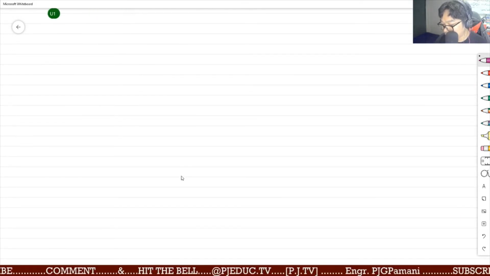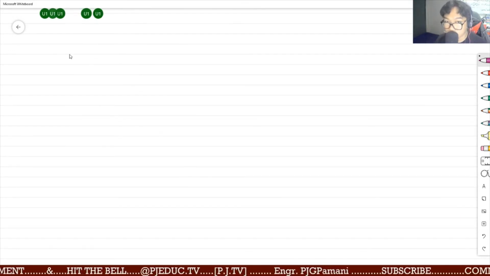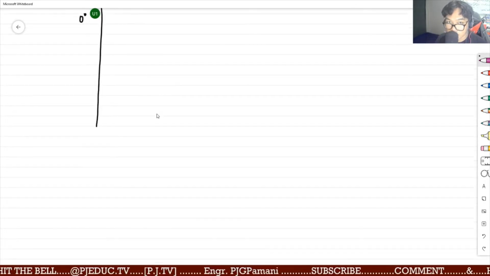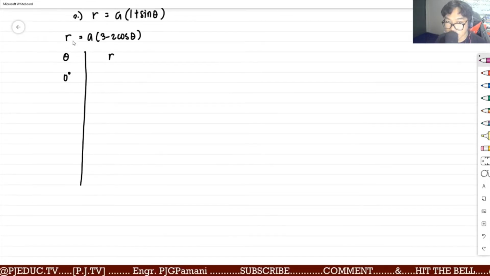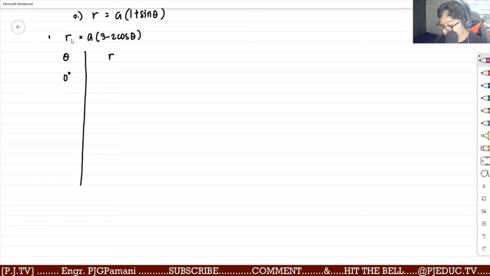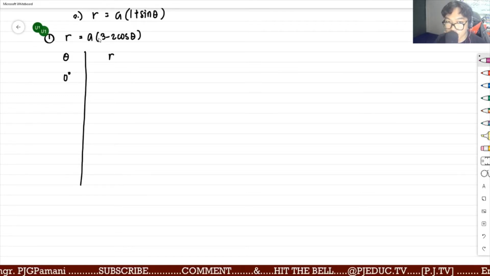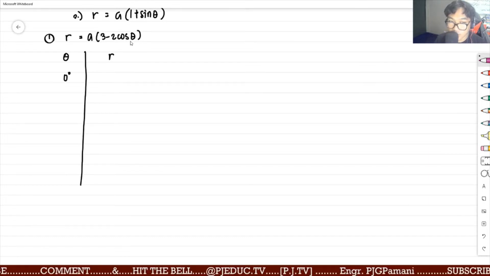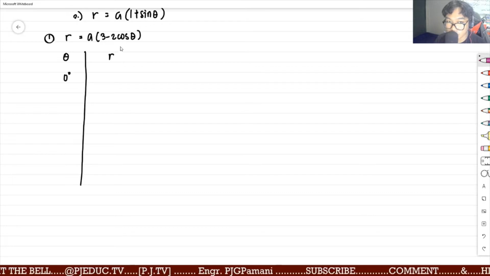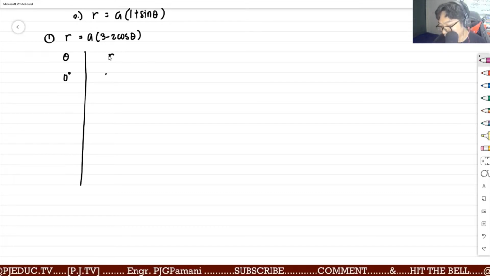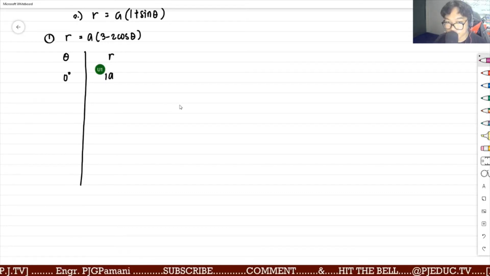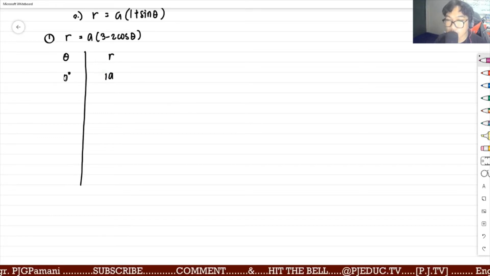So if our theta is equal to 0 degrees, substitute lang natin doon sa ating radius of a curve, that is r equal to a (3 minus 2 cosine theta). So cosine 0 degrees is 1. 3 minus 2 is positive 1. So the radius of the first point at 0 degrees is equal to 1 unit.